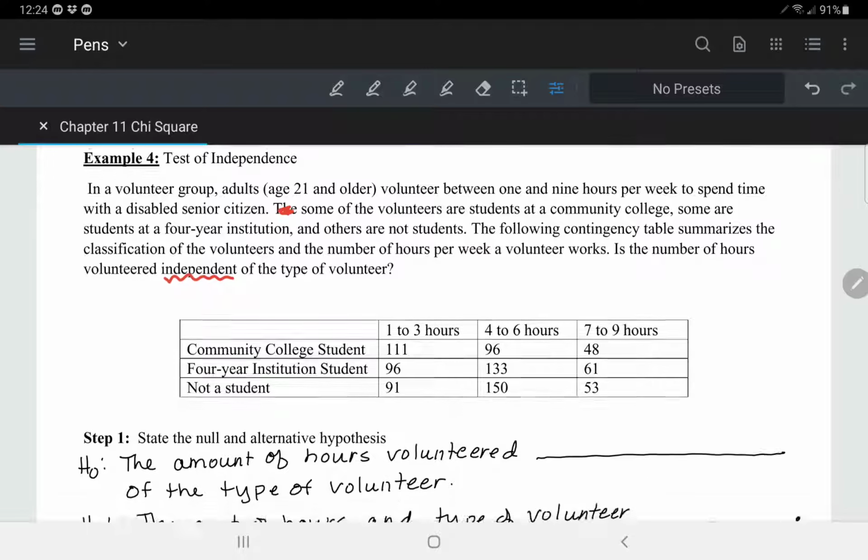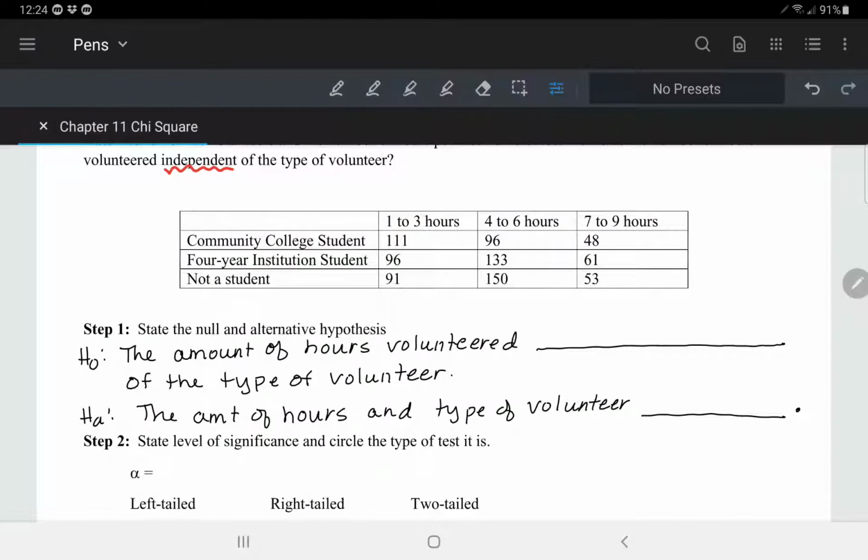If we state the null and alternative hypotheses, first you identify your variables. Variable 1 is the amount of hours volunteered. Another variable is the type of volunteer. Here are the types of volunteers, and here is the other variable, the number of hours per week worked.